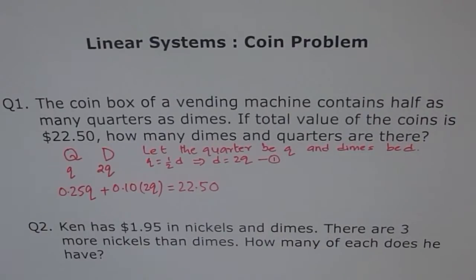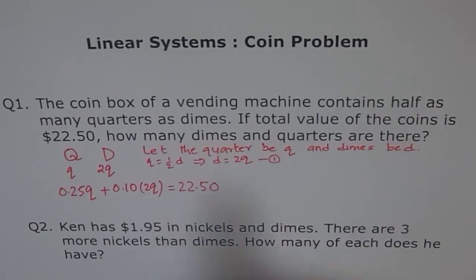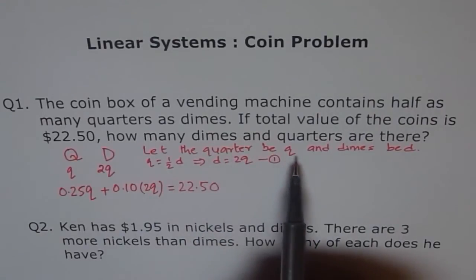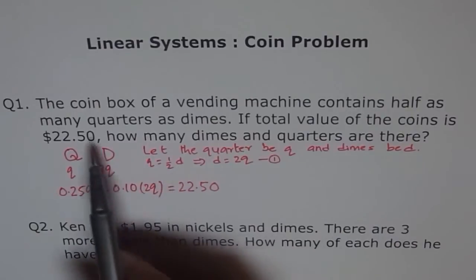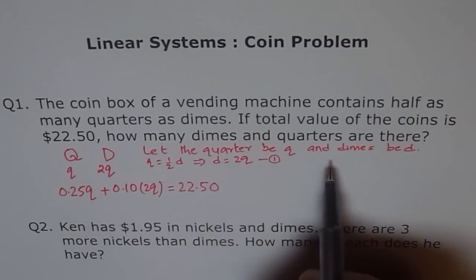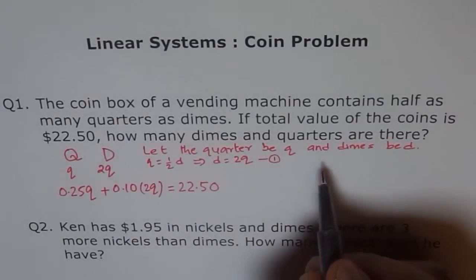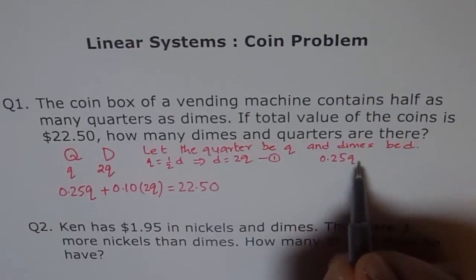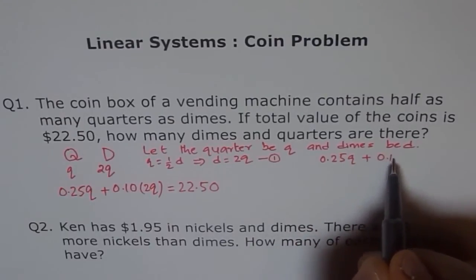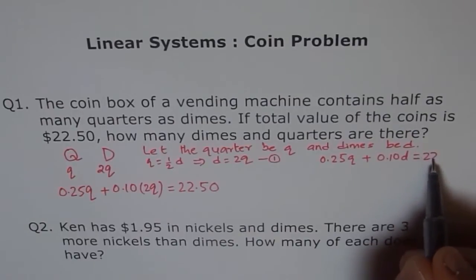Correct? Now, in general, if you go that way, then how will you write it? You'll say, let the quarters be Q and dimes be D. In that case, quarters equals half of D, which we got from here, but you could have made a second equation like this. If quarters are Q and dimes are D, then the value will be 0.25 Q plus 0.10 D, and that value equals 22.50.